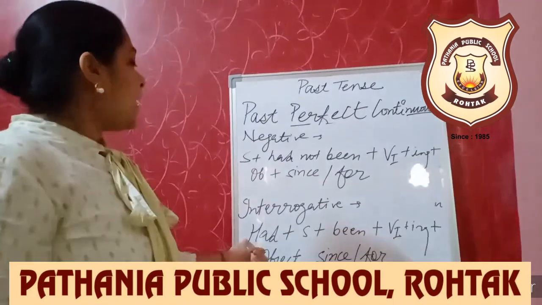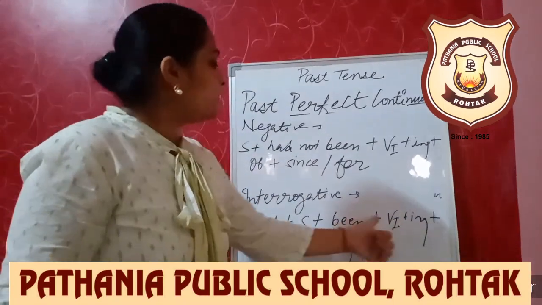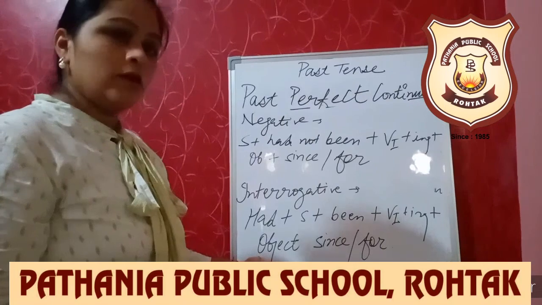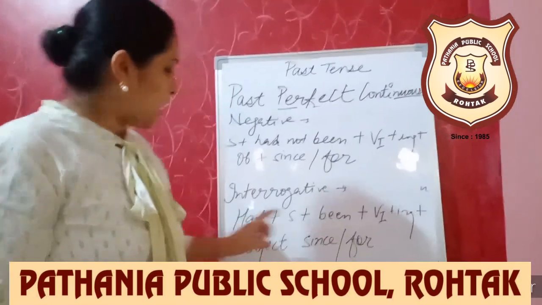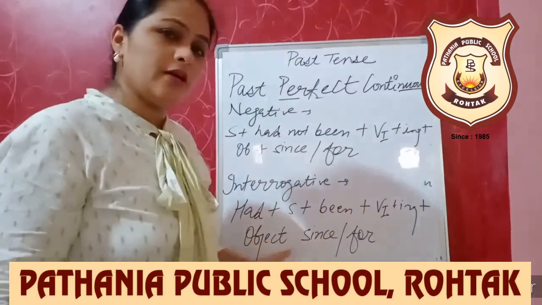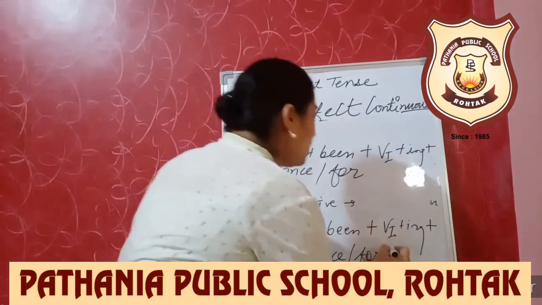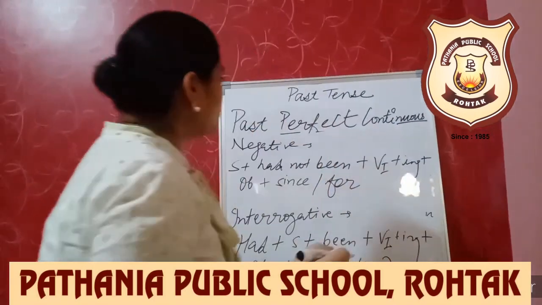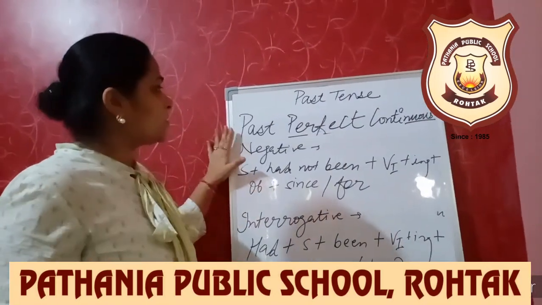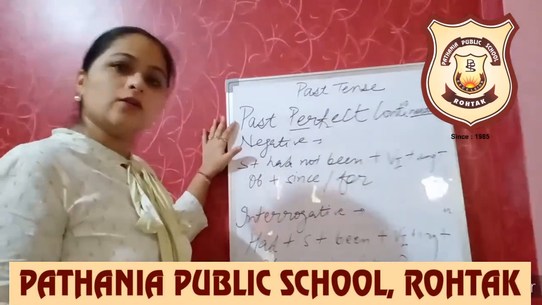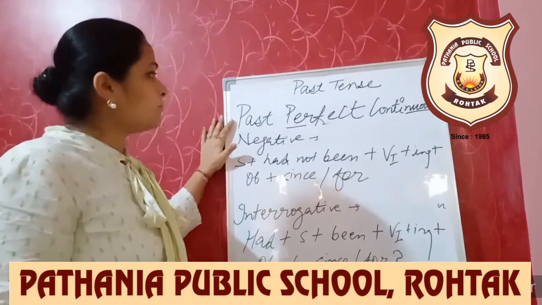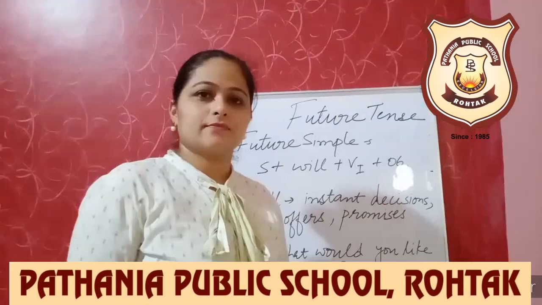Okay, had they been living here for 2 years? So this is your interrogative. So this is the best way to understand past perfect continuous. So let's come to the next.